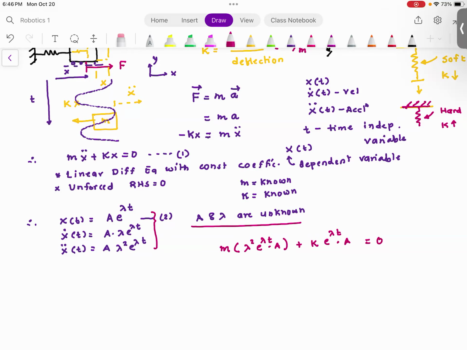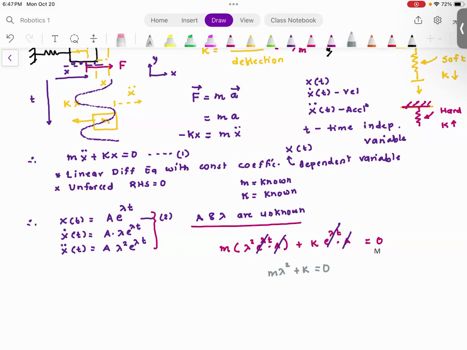You agree with me? Now, can you see from here, a cancels out, e to the lambda t cancels out. Everything gets cancelled, and what I get is m lambda square plus k is equal to 0. Do you agree with me?